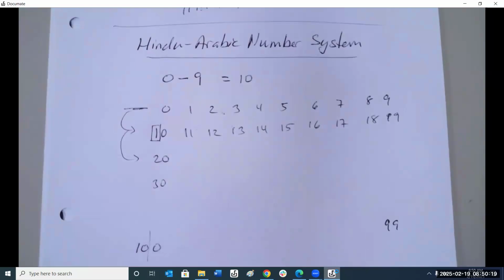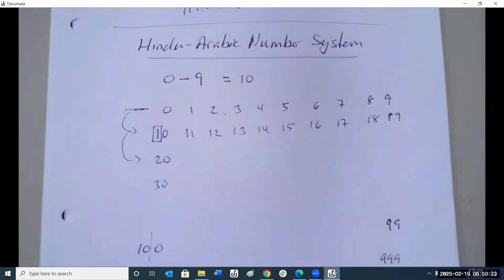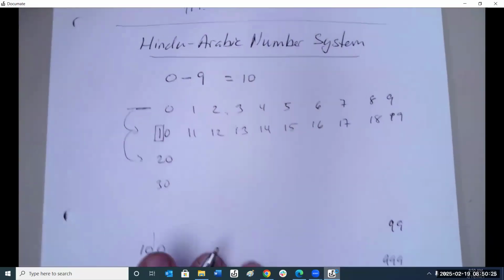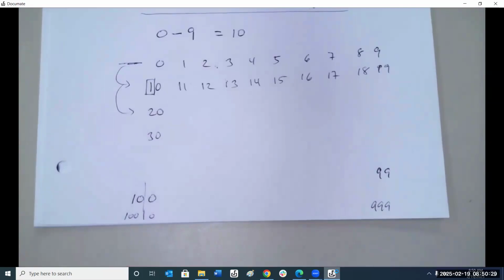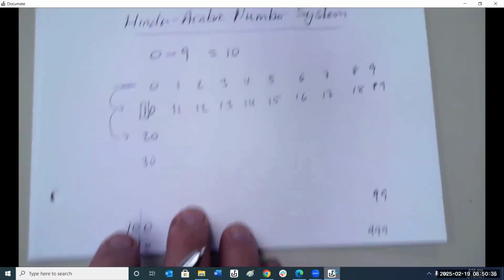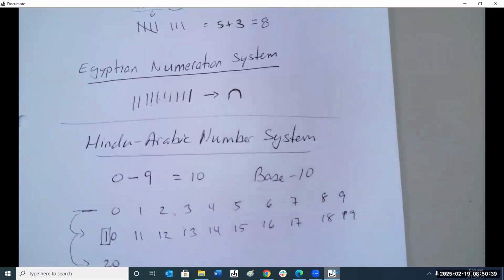We start with 0 and go on all the way until we have 999. And then what is after 999? It's the 100th set, which is 1,000. But the last digit always goes from 0 to 9. This is what we call a base 10 numeric system.